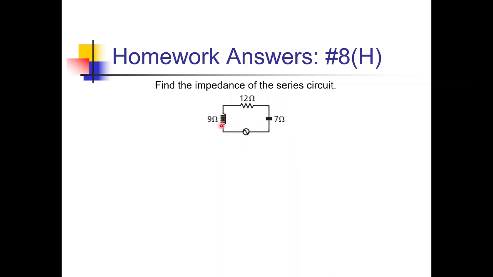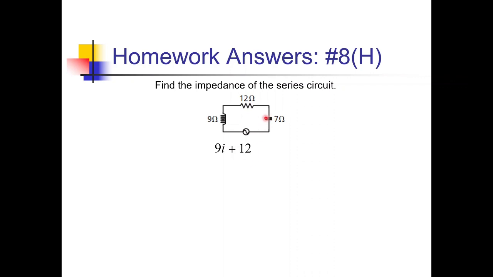So this first one, this is an inductor right here. This symbol tells us it's an inductor. And the number next to this is going to just be a positive imaginary number. So we have an impedance of 9i for that inductor right there. This 12 here is part of a resistor, and those come out as positive real numbers. So this is just a plus 12.